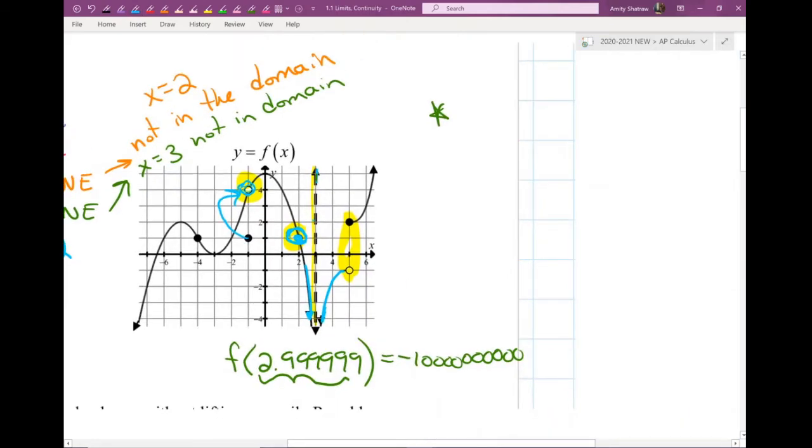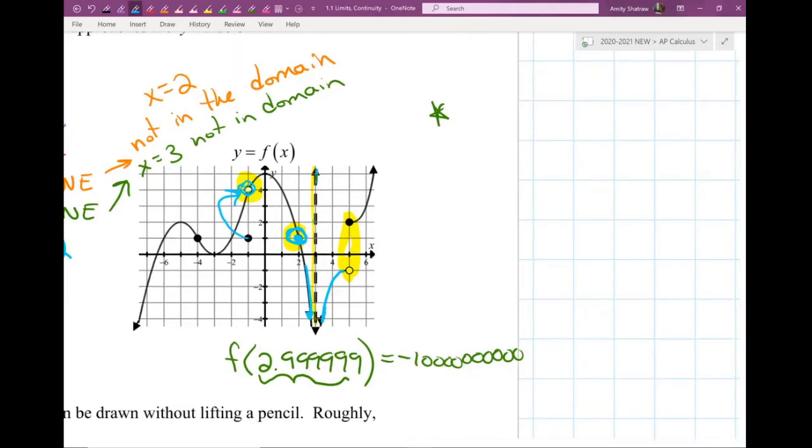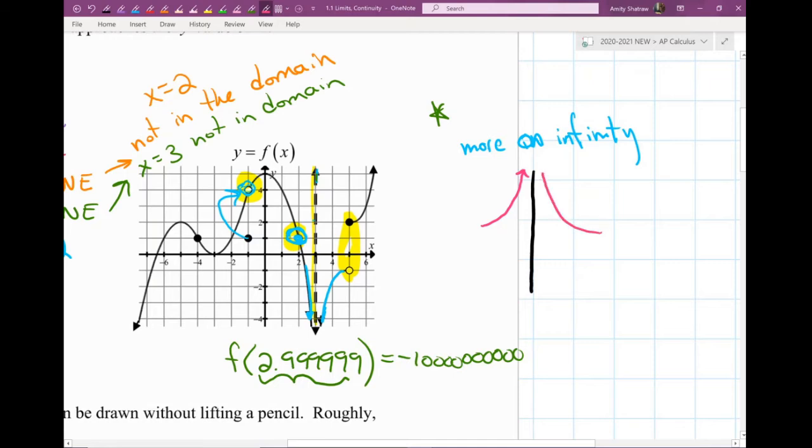And by the way, when you're looking at graphs, so more on infinity, when you are looking at infinity, if you see a graph and one side of it is going up like this and the other side of it would also go up like that, then you can say that it is approaching positive infinity because they're both approaching infinity from both sides.